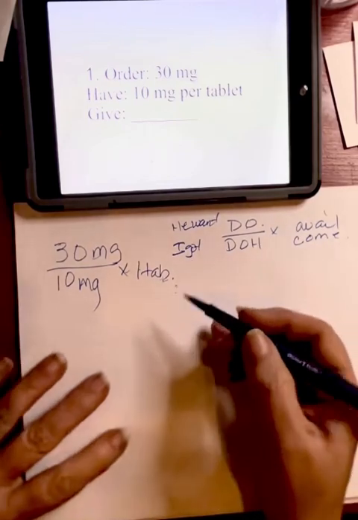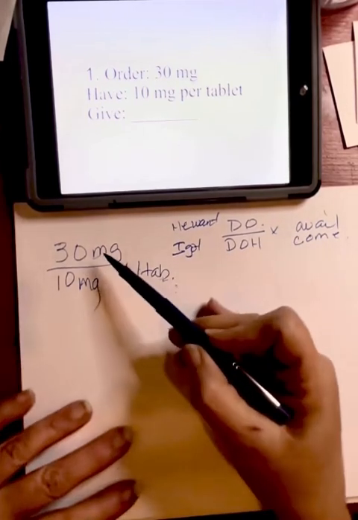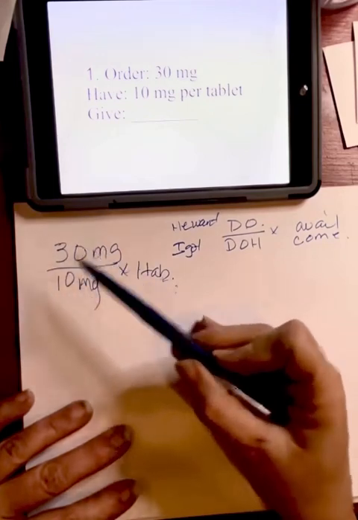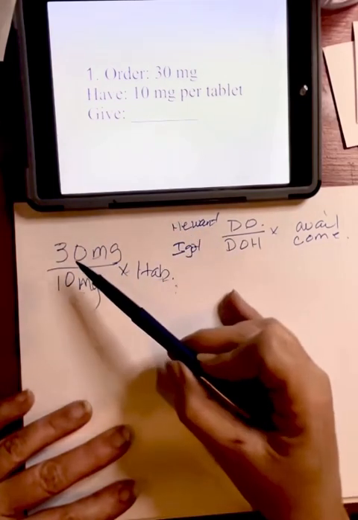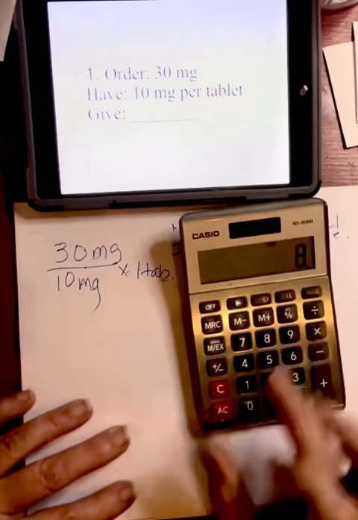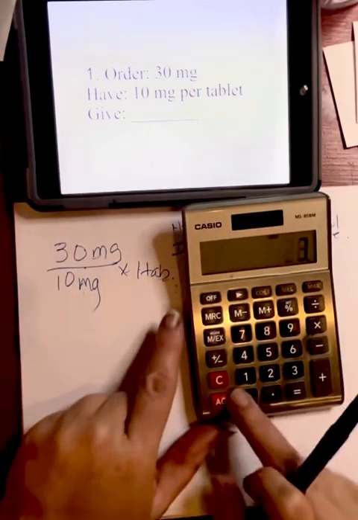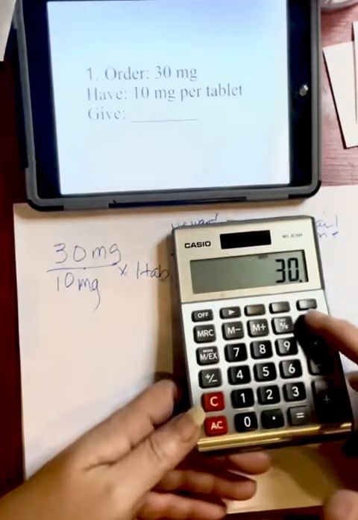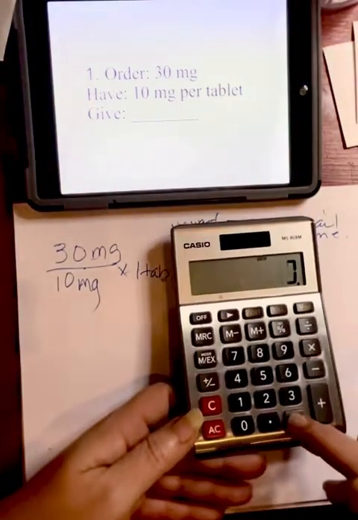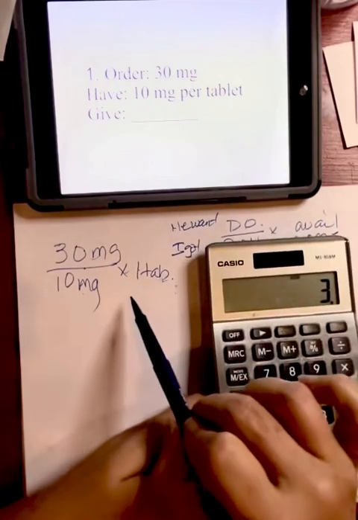And so here, let's do it. This fraction says this divided by that. 30 divided by 10. And that's how we're going to do it. See, 30, get your handy dandy calculator, divided by 10 equals. And see, it's 1 tab.